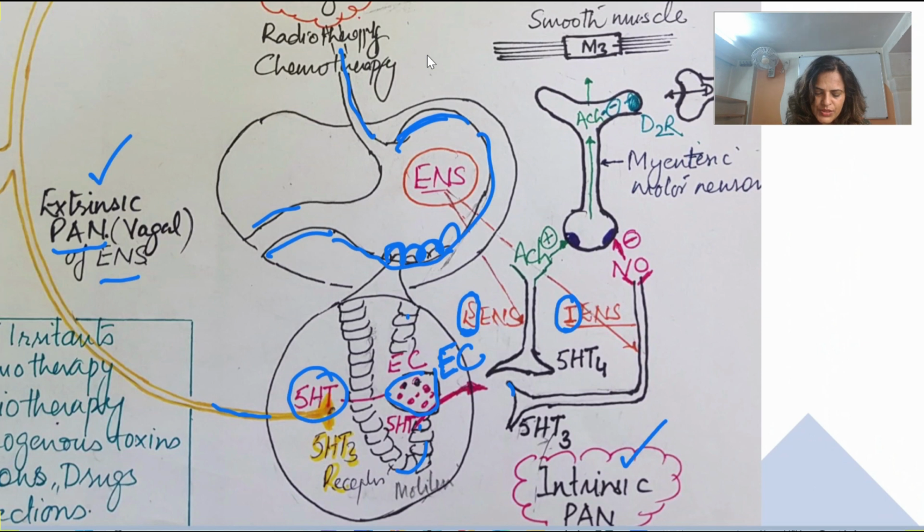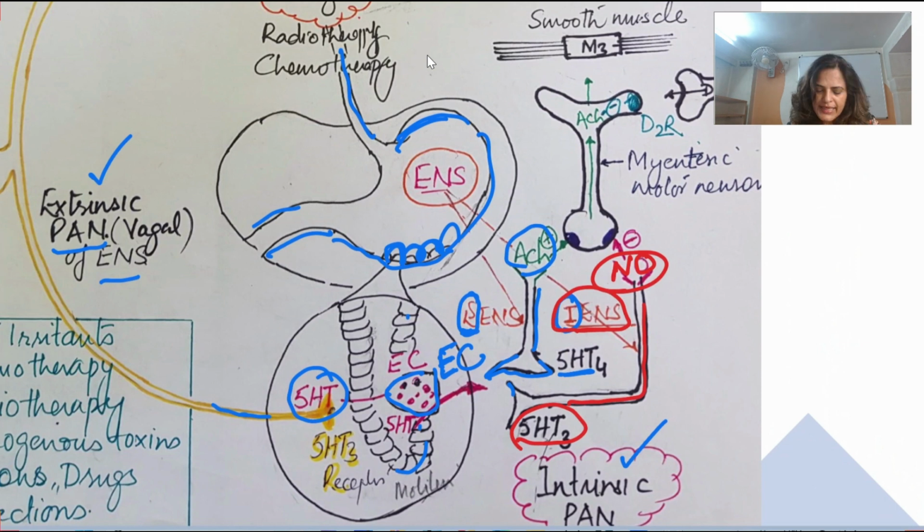So this 5-HT is going to stimulate the excitatory enteric nervous system through 5-HT4 and cause the release of ACh, that is acetylcholine, whereas through 5-HT3 it is going to stimulate the inhibitory enteric nervous system, causing the release of NO.